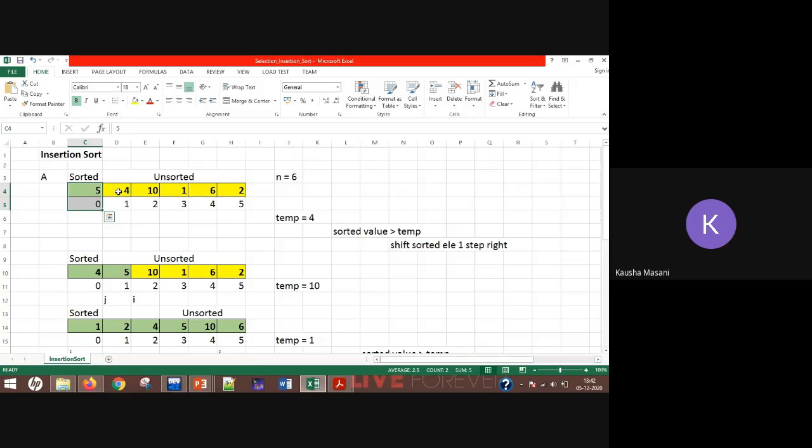तो मैं क्या करूंगी, सबसे पहले इस 4 को मैं एक टेम्पररी वेरिएबल में स्टोर कर रही हूँ. That means I'm making a copy of this value.